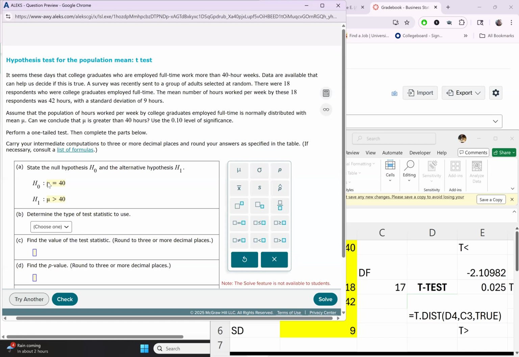Okay, what test is this? The t-test. How many degrees of freedom do we have? 17. What is the value of the test statistic? Is that the 0.943? 0.943. So we're going to go 0.943. Okay, and what's our p-value?